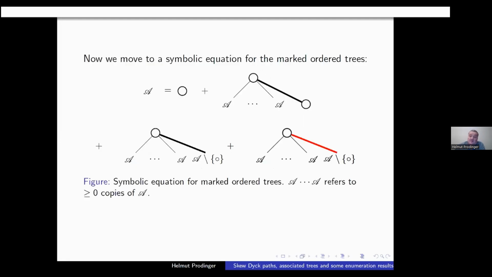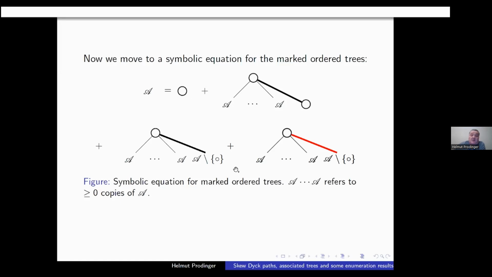Now let's go to equations, symbolic equations, namely for the marked ordered trees. So as we see, the red edges are something special. If you don't think about the red edges, you just have the ordinary equation for ordered trees, which means it's either a node or a node followed by any number of ordered trees.